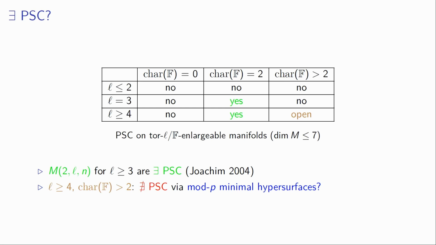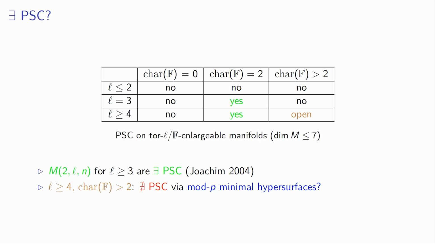It's not known to us whether this manifold admits a positive scalar curvature metric or not. So that's an open question, and this is a little annoying actually, because we have so well-developed tools in the field to study the existence of positive scalar curvature metrics, but even in this rather elementary example, it's unknown if such a manifold admits a PSC metric or not.